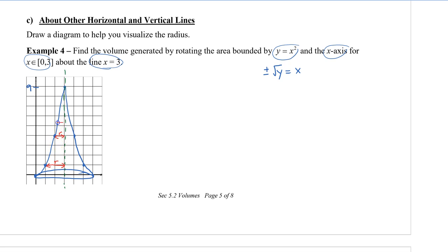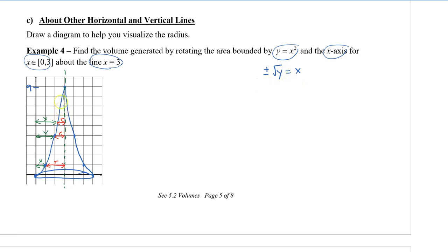And no matter where I pick the radius to be, it is always going to be dependent on my x. So the x is the distance from here to here, which I can find based on my function, which is x is equal to plus or minus root y.